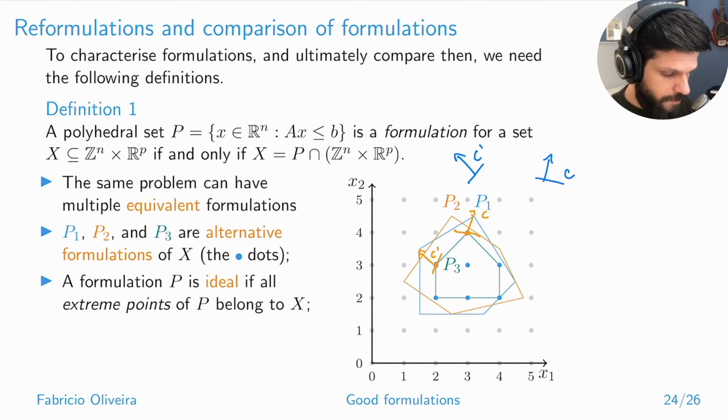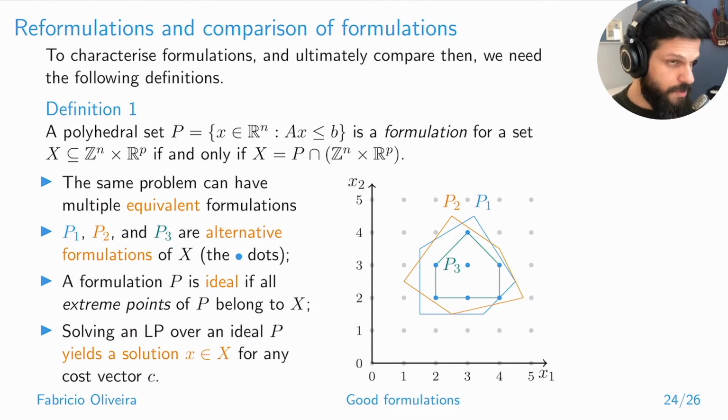So you can think of convex hulls in mixed integer programming as the holy grail that you're searching for whenever you're solving a mixed integer program. So once we have a notion of ideal, we have a way to compare formulations. The formulation that is closest to the ideal formulation is the best, right?